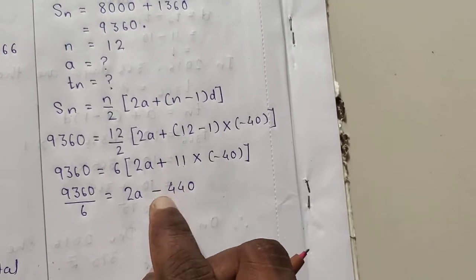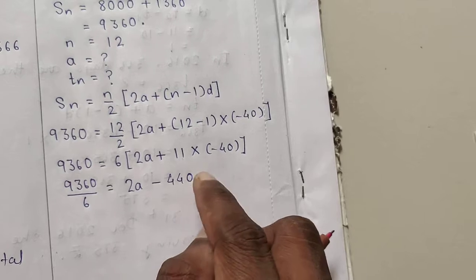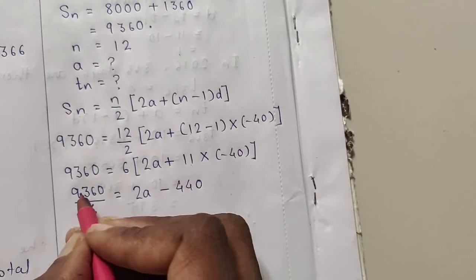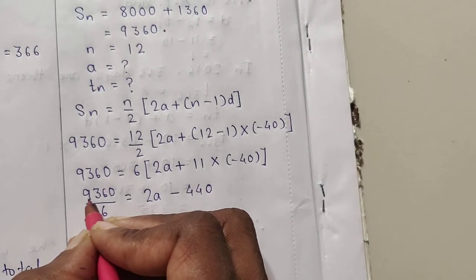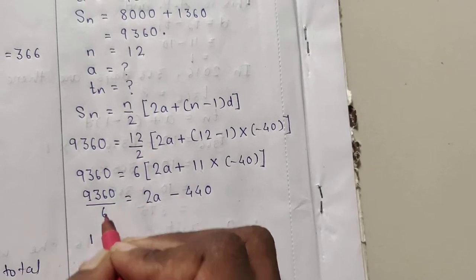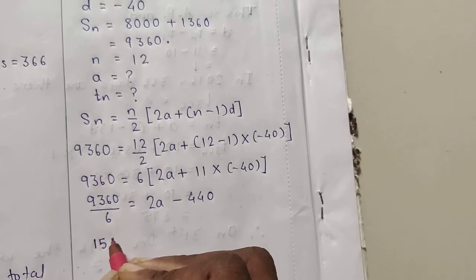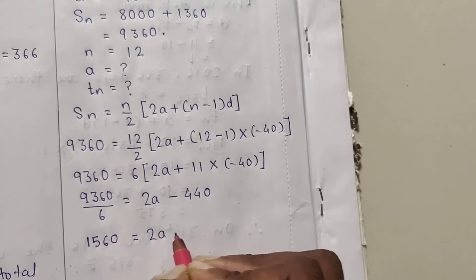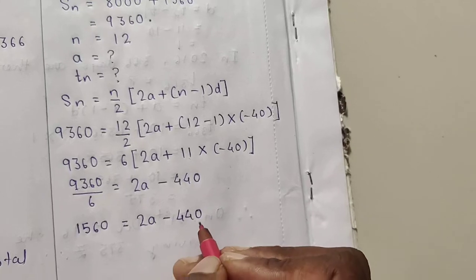See, plus minus becomes minus, and 11 into 40 gives minus 440. Now do the cancellation of this. 6 1s are 6, so 3 is remaining, so 33. 6 5s are 30, 6 6s are 36. So 1560 you are going to get here, equal to 2A minus 440.